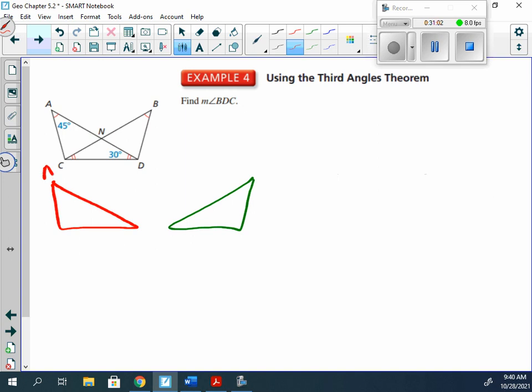Now we know that in ADC, we have 45 and 30. In BCD, we have 1 marker and 2. We need to find the measure of angle BDC. We're trying to find that angle there, yes?